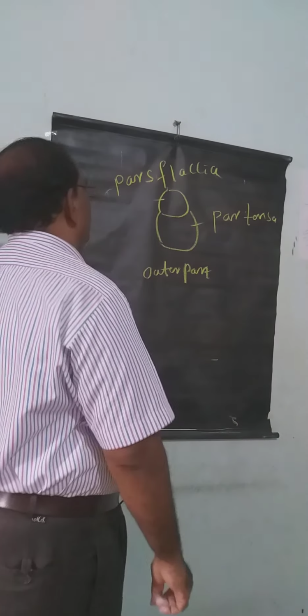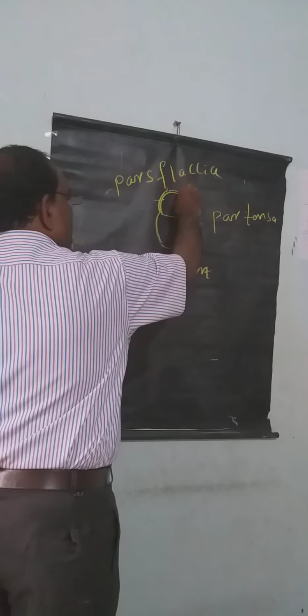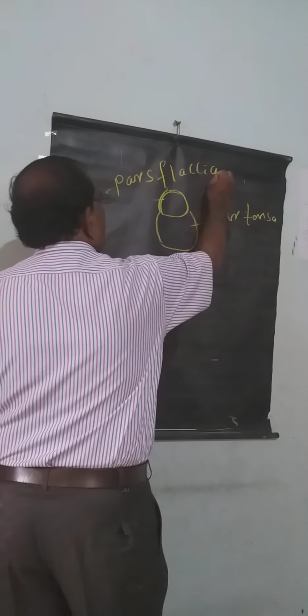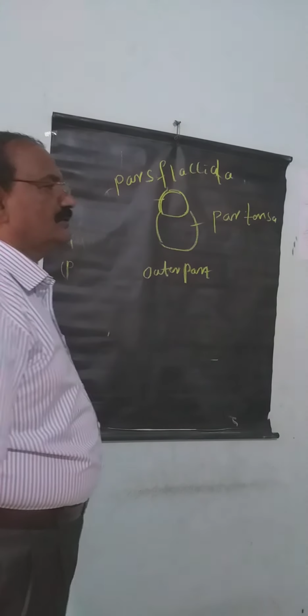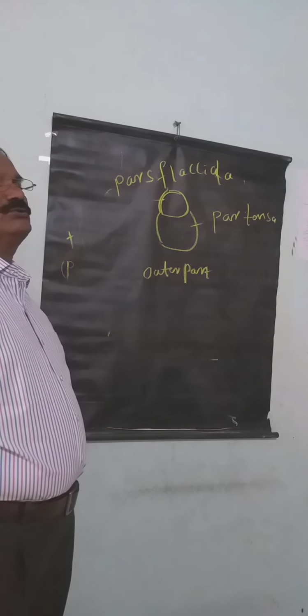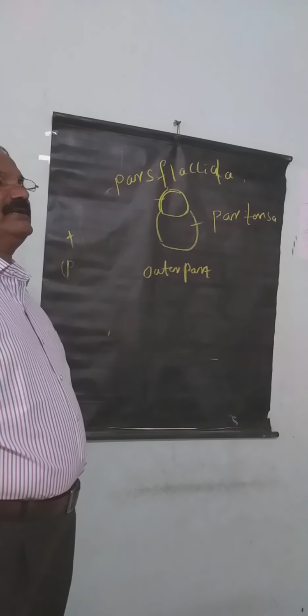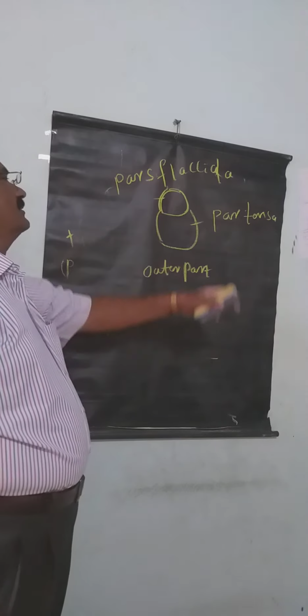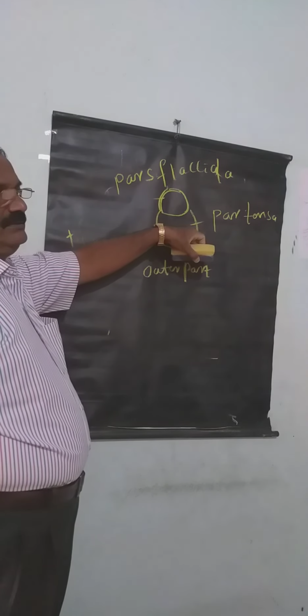Pars flaccida, pars tensa. Flaccida means loose, smooth, a very delicate part, whereas pars tensa is the hard part.